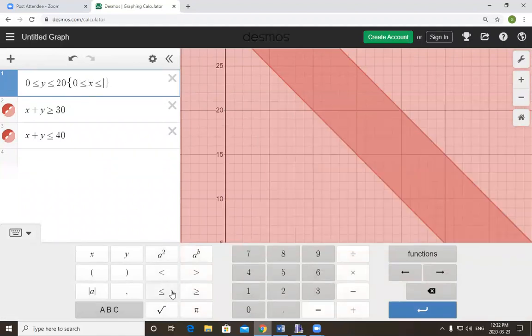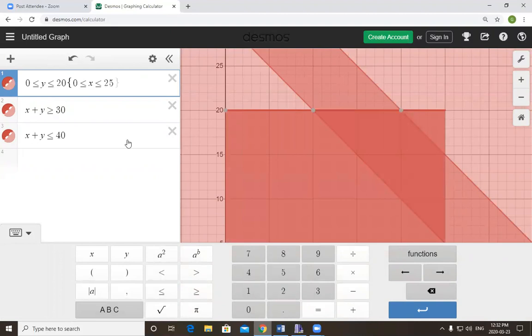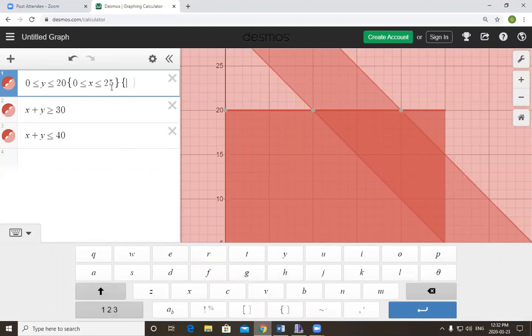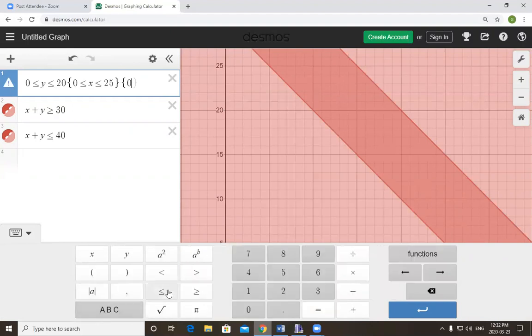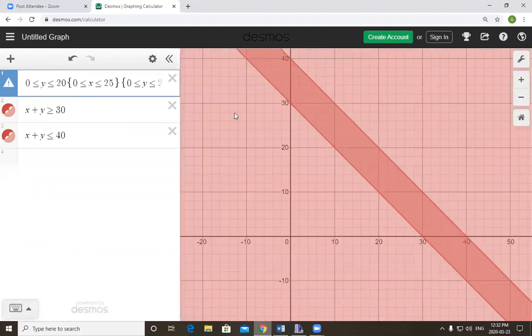X must be less than or equal to 25. And we'll do one more. 0 must be less than or equal to Y, which must be less than or equal to 20. Now we've cut that off.